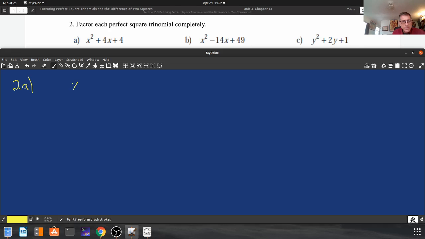I have x squared plus 4x plus 4. So I want to know if I can find a w and a v such that this is equal to w plus v squared. Why plus? Because that sign right there is plus.